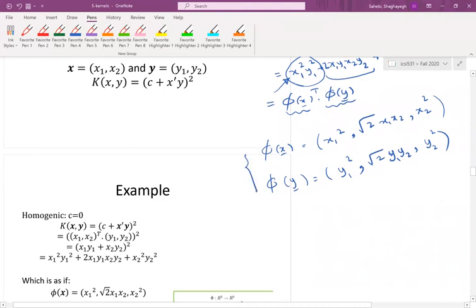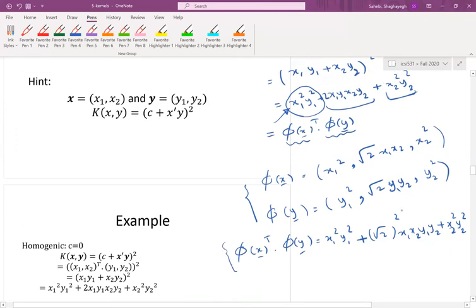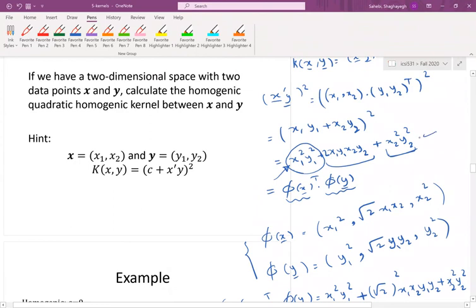So let's double check. Let's calculate phi of x transpose dot phi of y according to these two new ones. I'm going to get x1 squared, y1 squared plus square root of 2 to the 2, x1, x2, y1, y2 plus x2 squared, y2 squared. Okay, see? So this phi of x dot phi of y is equal to this kernel value between x and y.